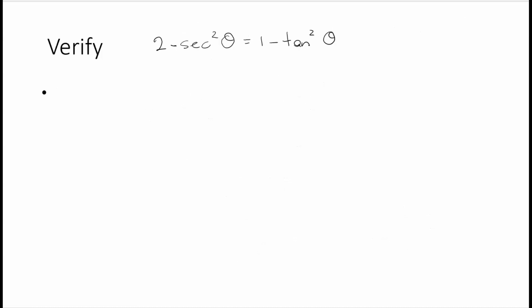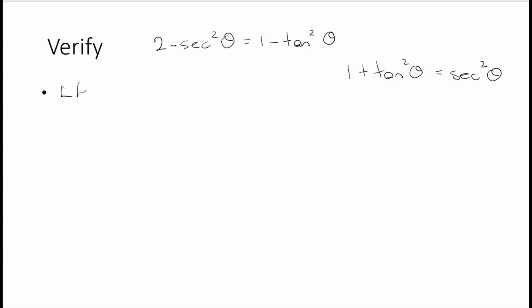For the next one, we already know from the list that there is a relationship somehow between sec squared and tan squared. And if we look up our list, it says that 1 plus tan squared theta equals sec squared theta. So we can substitute that in.